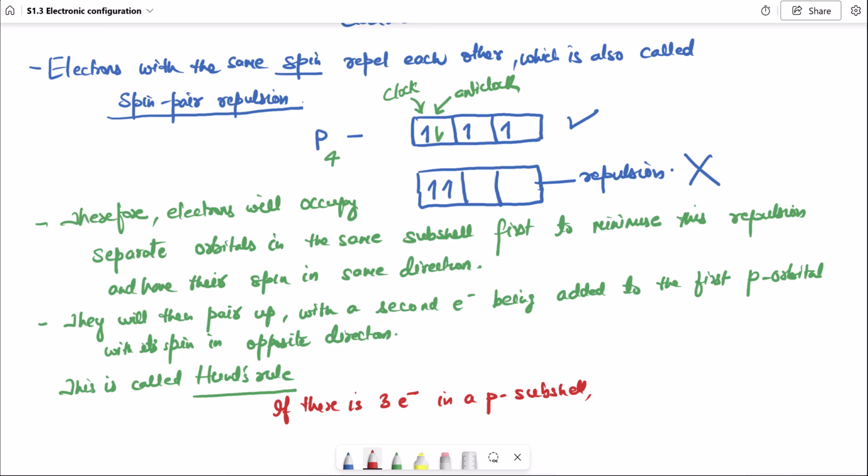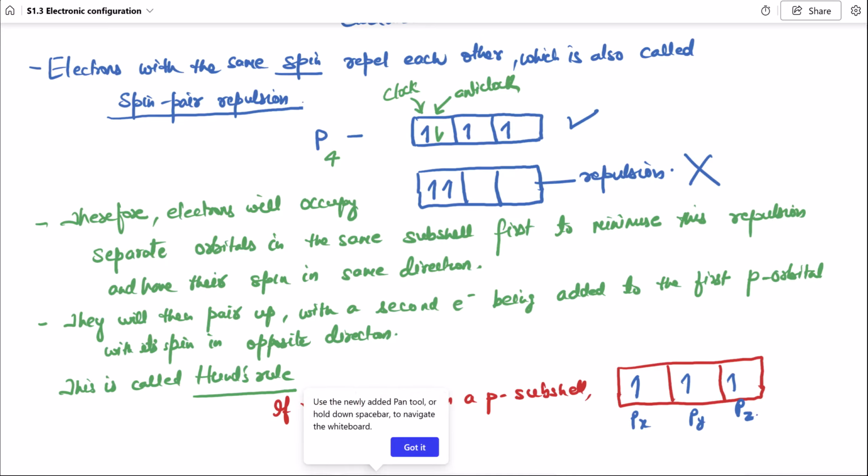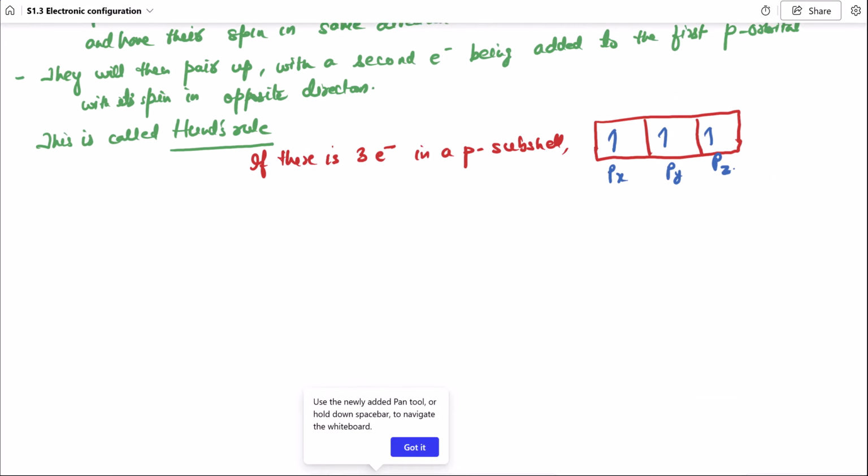So it is like this. As per this, one electron will go here, which is in px direction, another will go in py direction, another will go in pz direction. This is how the electrons will keep on moving, right?